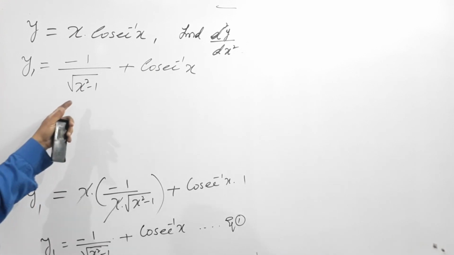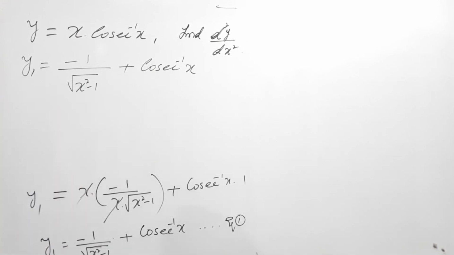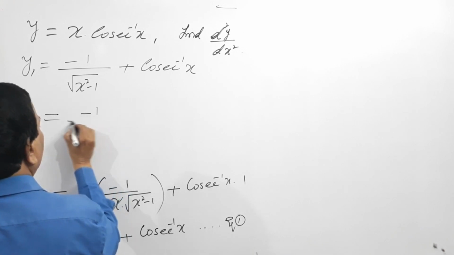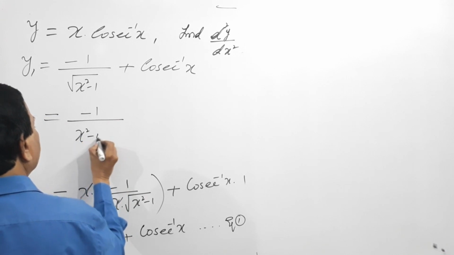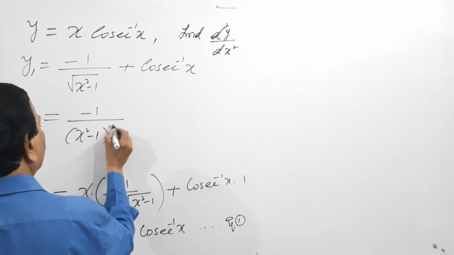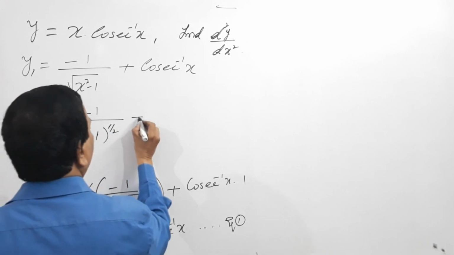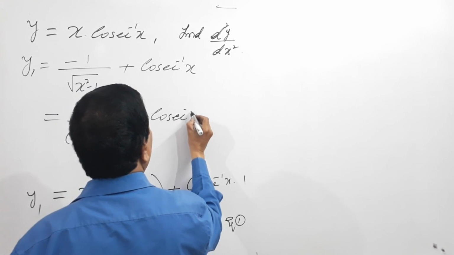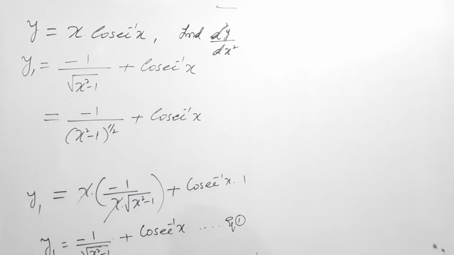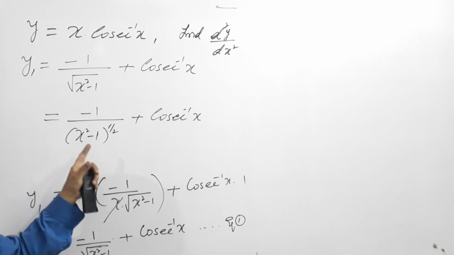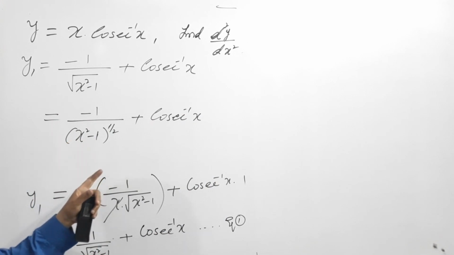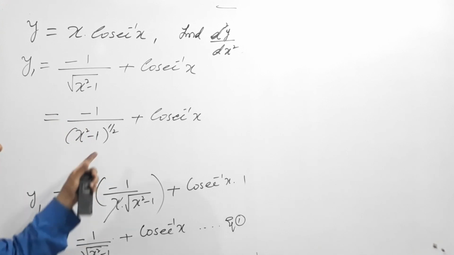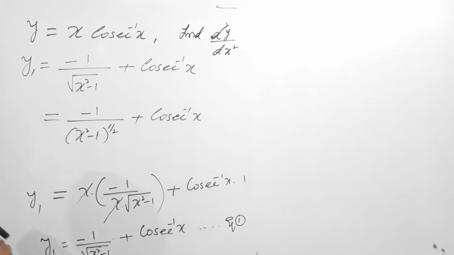So what I'll do? I'll try to simplify this. So this is minus 1. I write this x square minus 1 to the power of half plus cosecant inverse x. So even now it is not possible to differentiate because it is not a standard form, but this is more or less standard, d by dx of 1 by ax plus b of that form. So we'll simplify this.